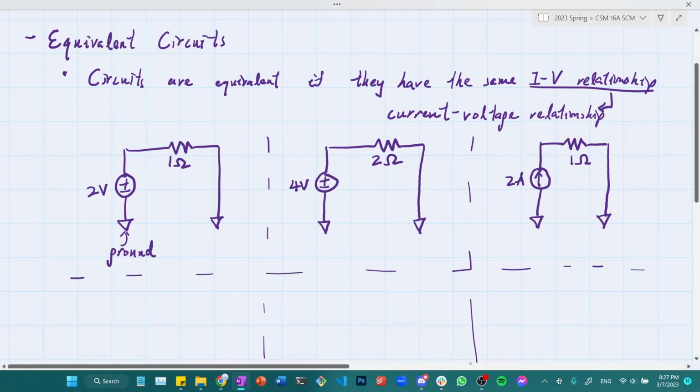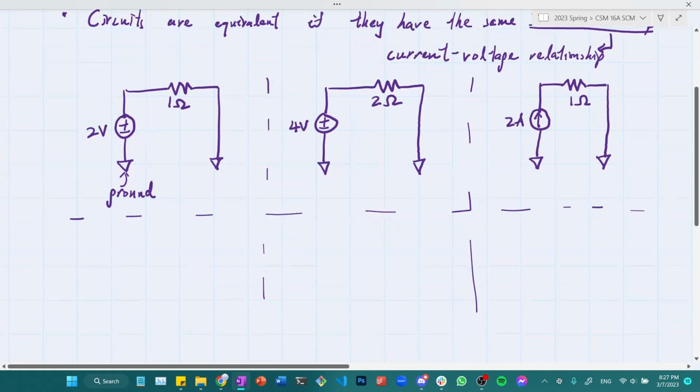So in the left circuit, we see that the voltage passing through the entire circuit is 2 volts. And the current passing through the entire circuit is, well, we're going to use Ohm's law here, so 2 volts divided by 1 ohm is equal to 2 amps.